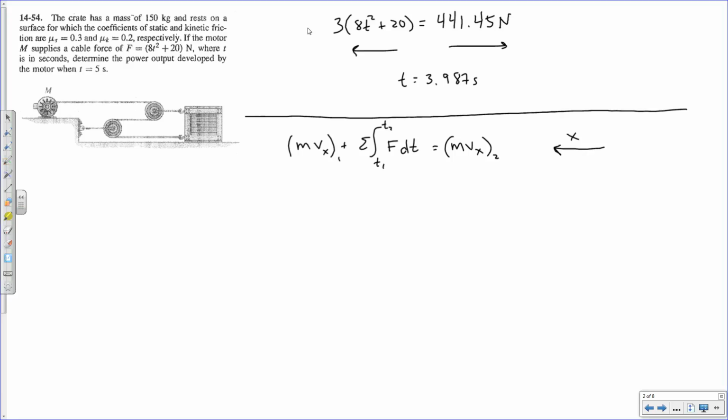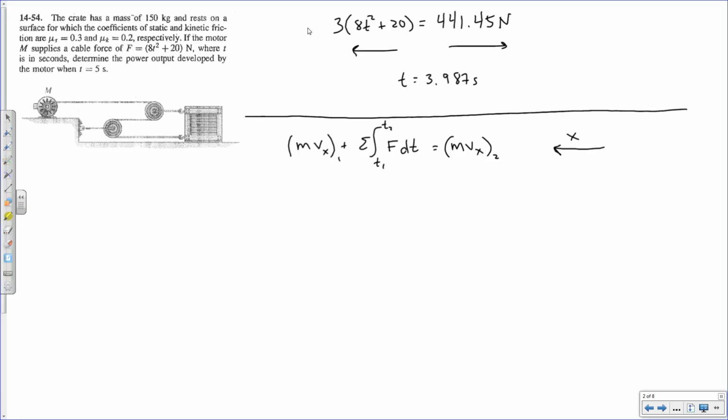Then the second term says that with that initial condition, you're going to add some amount of impulses, which is the product of force and time. And after you perform all of those impulses, the object will have some new momentum, mvx2.